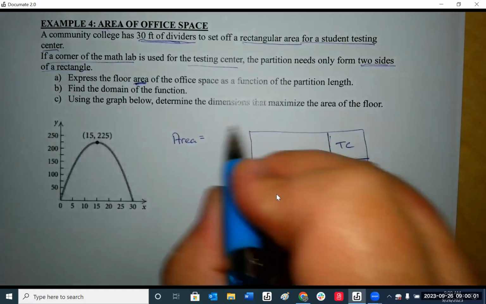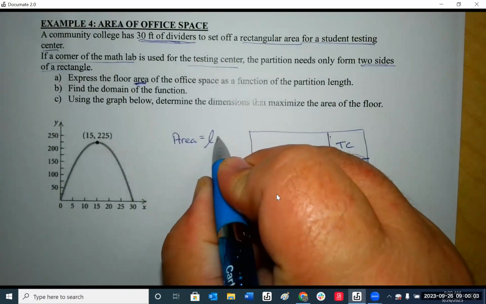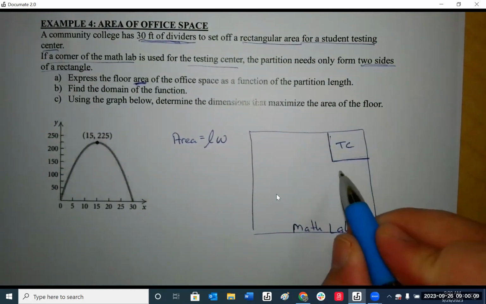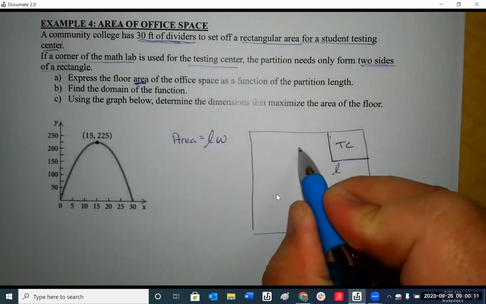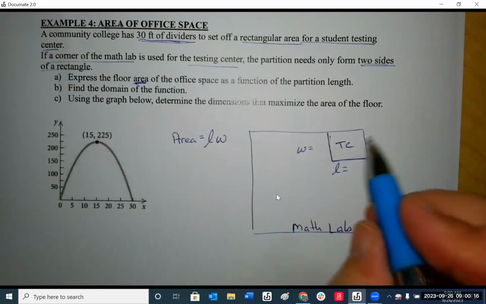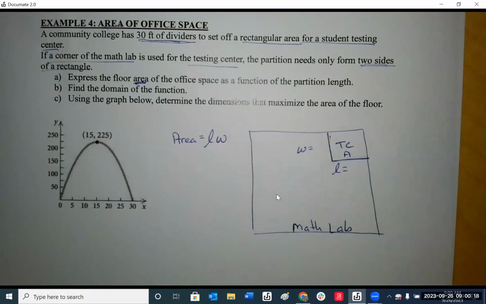Yes, length times width or base times height, whatever you want to do. So here we have our length, and here we have our width, and we're looking for the area inside there. So what's our formula? What do we put in there as our numbers?